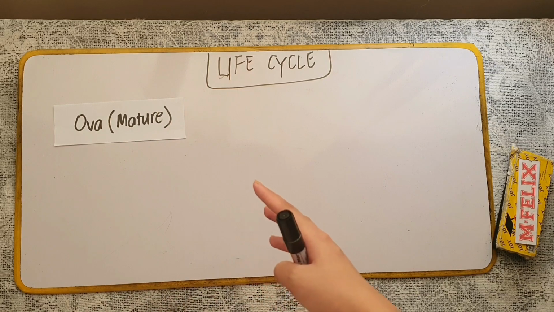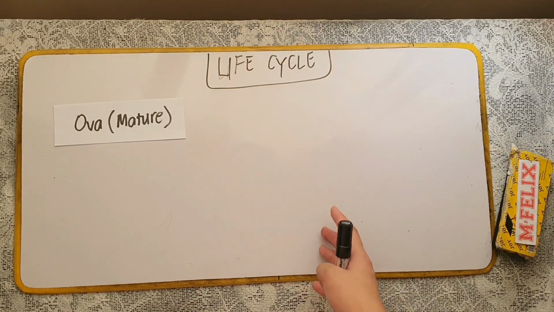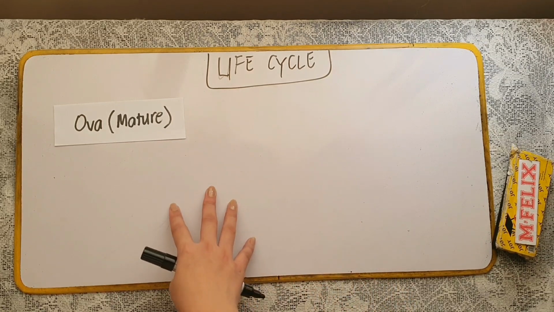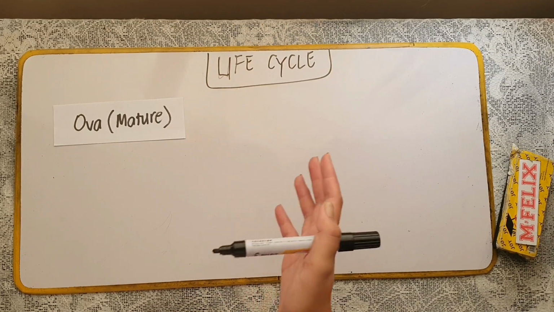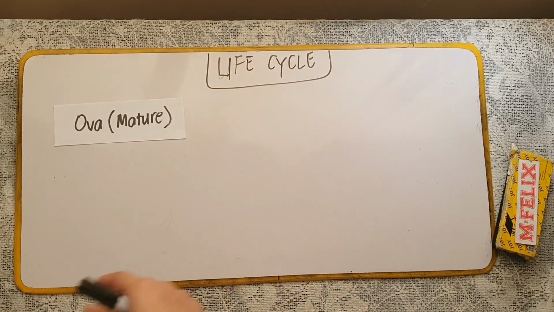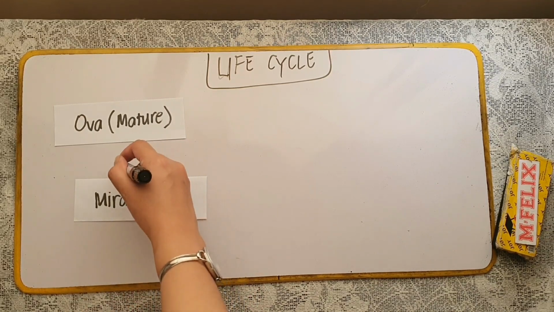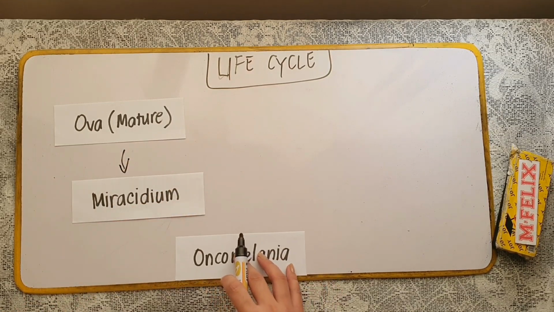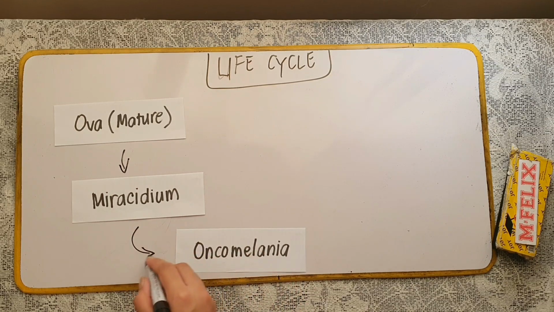Now, this mature ova, once embryonation has been completed and it comes in contact with water, will immediately hatch and liberate its free-swimming ciliated larva, what we call miracidium. This miracidium will seek its first snail intermediate host.